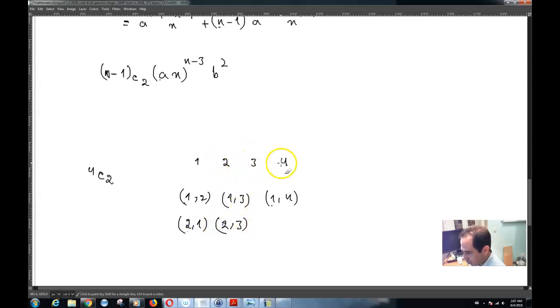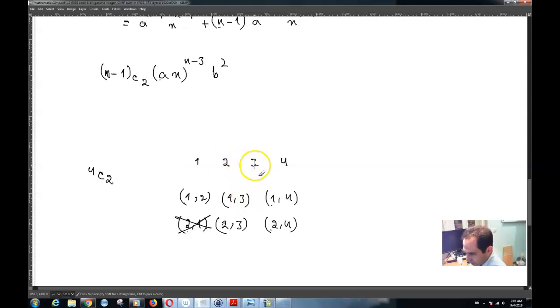Then I can take 2 and 4. Now there is no problem here, except that 2 and 1 and 1 and 2 are exactly the same group of marbles. So I'm not supposed to count this twice. So I have to get rid of this one because these two are exactly the same.